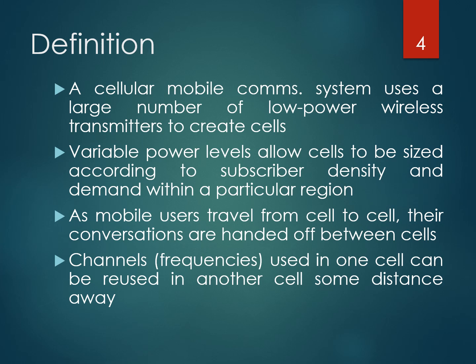While coming to the definition of cellular mobile communication, mobile communication is not standard. Cellular represents the region where the subscribers are present. So together we give the name cellular mobile communication. It uses a large number of low power wireless transmitters to create cells.